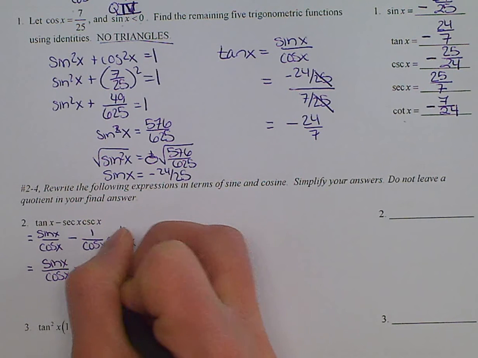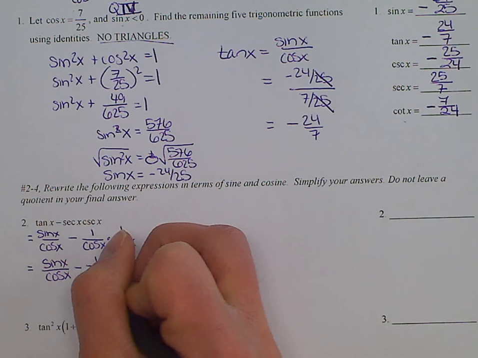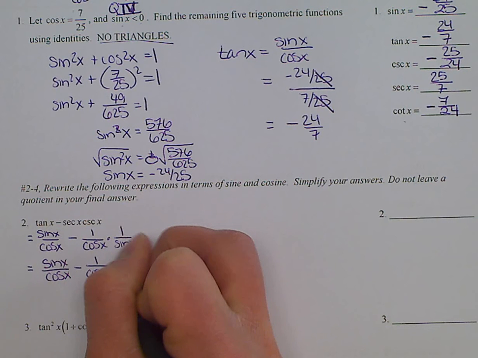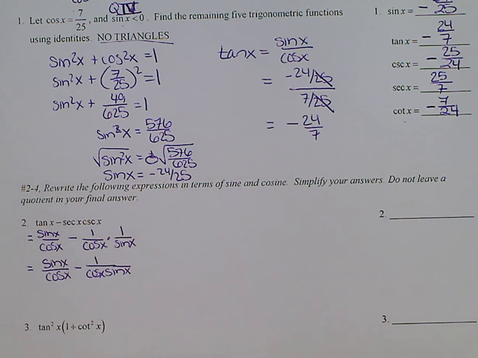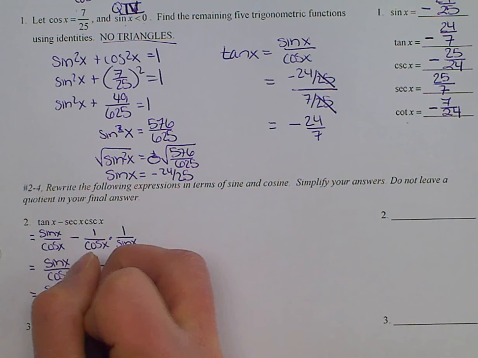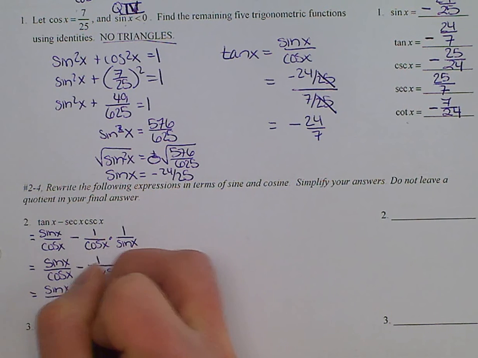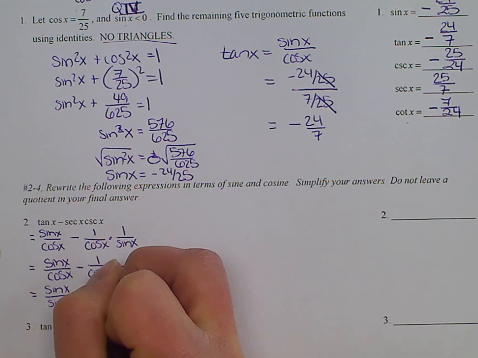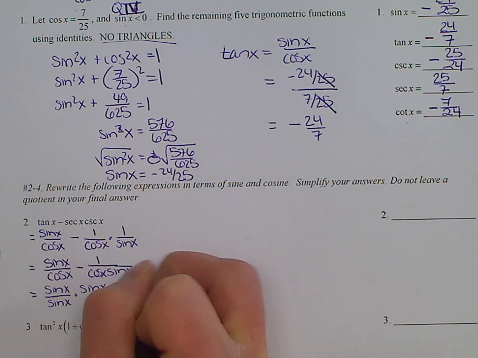I can multiply these two and we end up with the cosine of x times the sine of x in the denominator. Well, now to subtract these, I can find the common denominator.